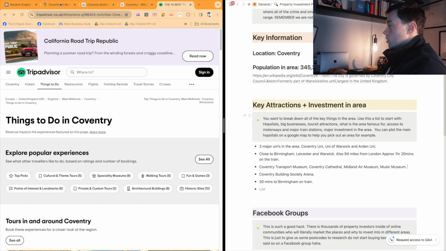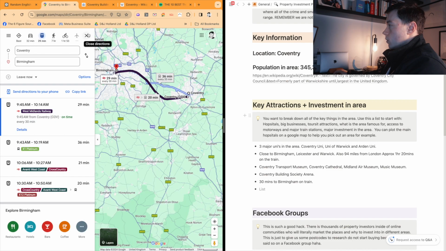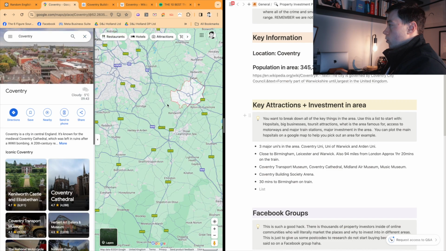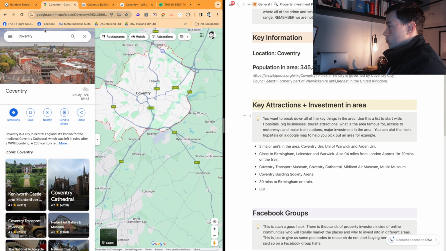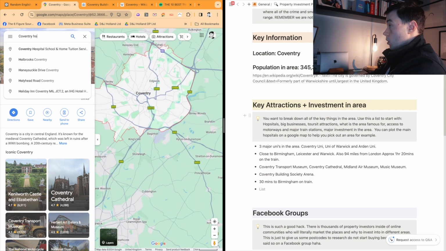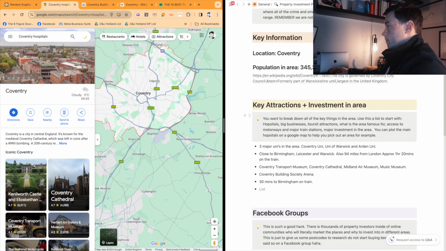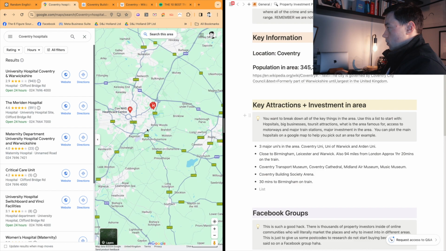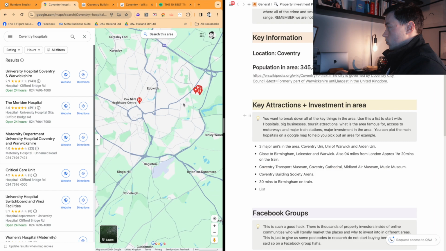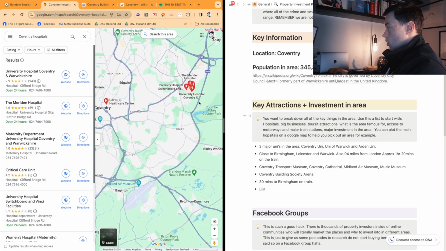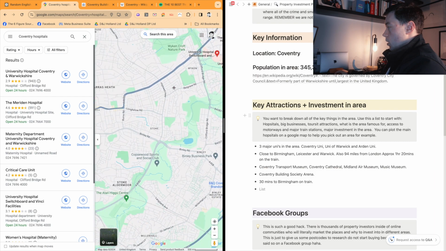Okay, right, let's get back into the map. And let's have a look for some hospitals. Coventry hospitals. Right, so there's definitely a cluster over here.